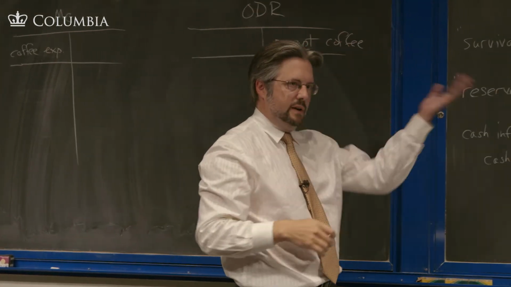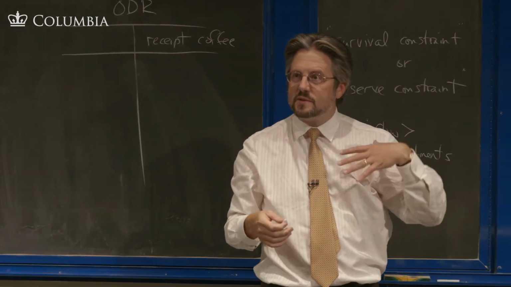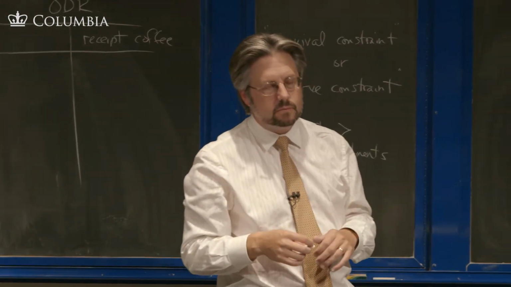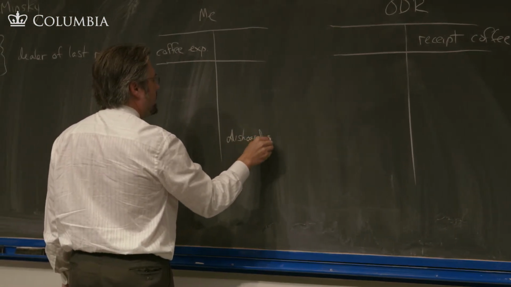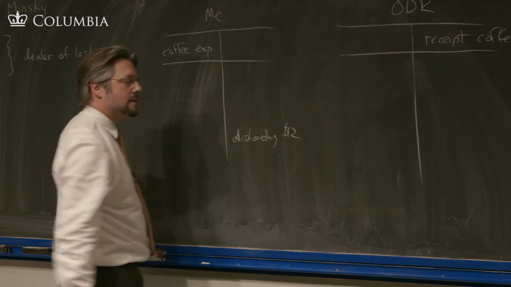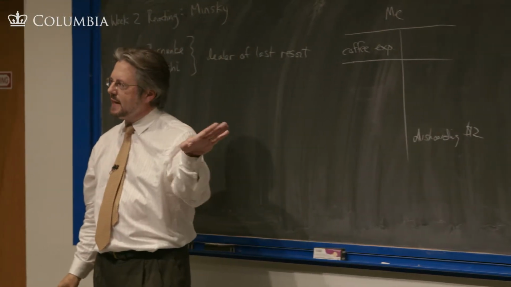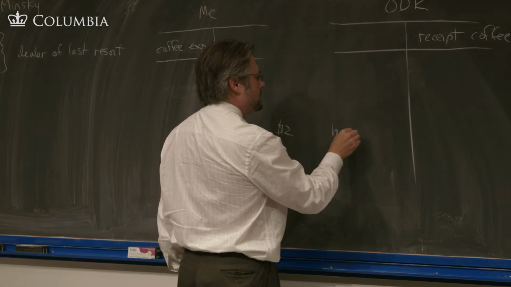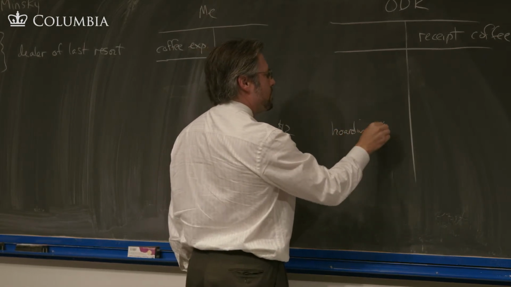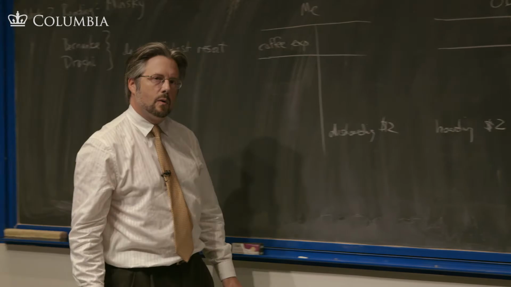They sold the coffee, good or service, okay, that was a source of funds. And that I just told you that this was all done with money, okay, so that was dishoarding for me of $2, okay, and that $2 went right in the cash register, and so that was hoarding for Oren's Daily Roast.